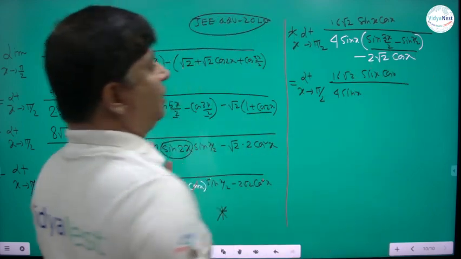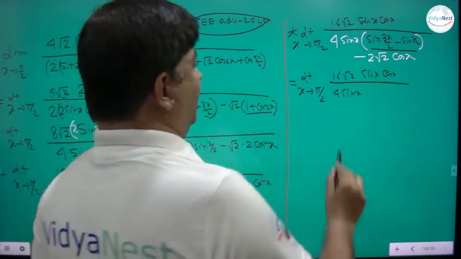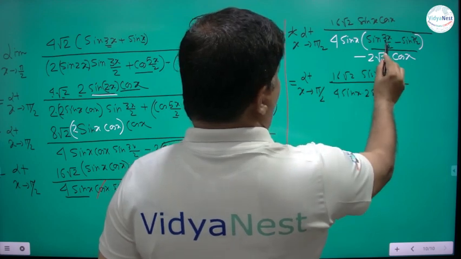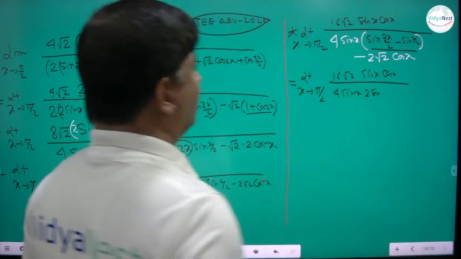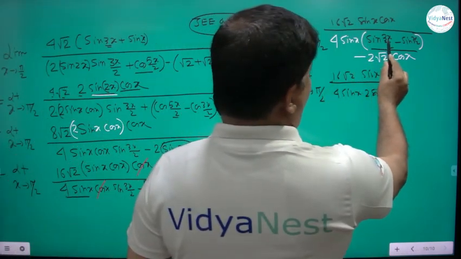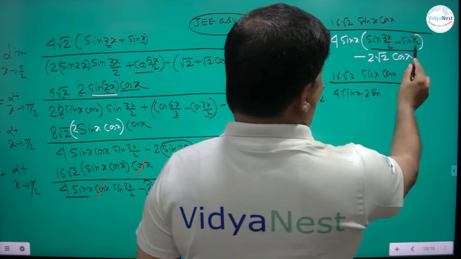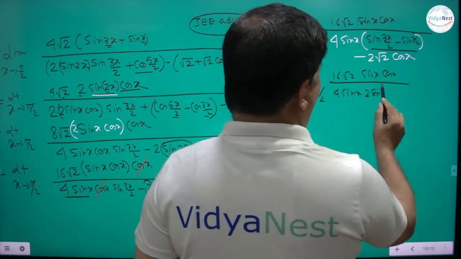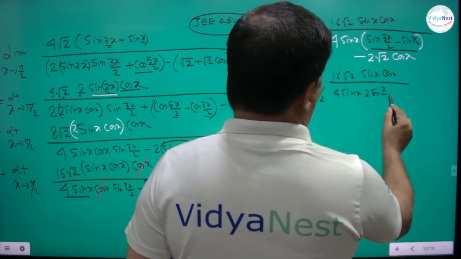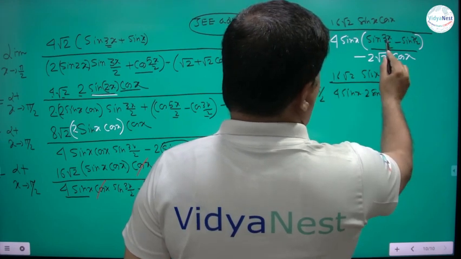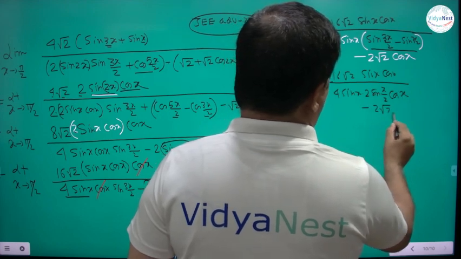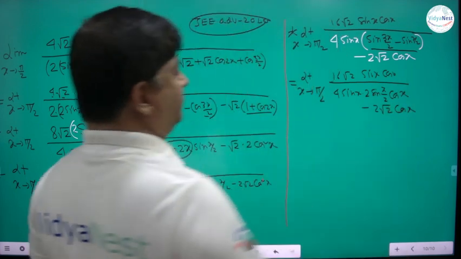This term indicates sin C minus sin D, that means 2 sin C plus D by 2 cos C minus D by 2, that means sin x by 2 cos x, minus 2 root 2 cos x. Yes or no?